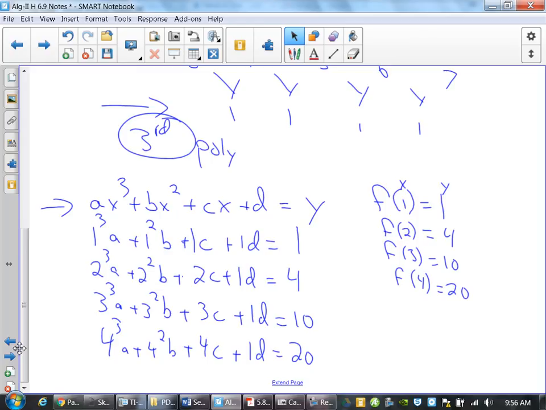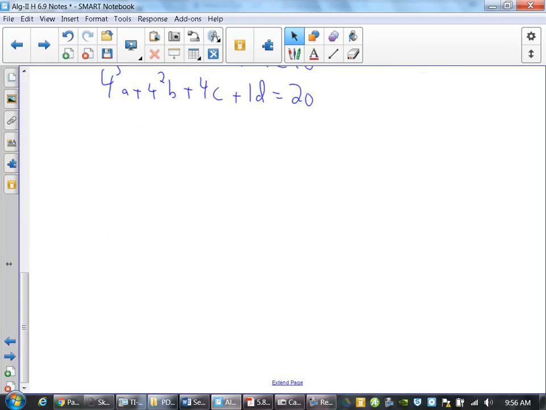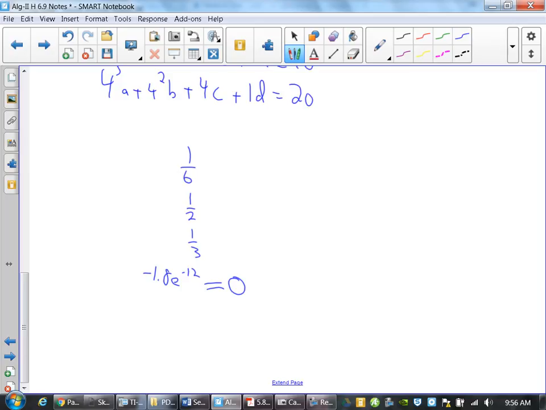I'm getting fractions but I'm not getting an error. For my answers here, I'm getting 1/6, 1/2, 1/3, and then negative 1.8 e to the negative 12. This means this is approximately 0.